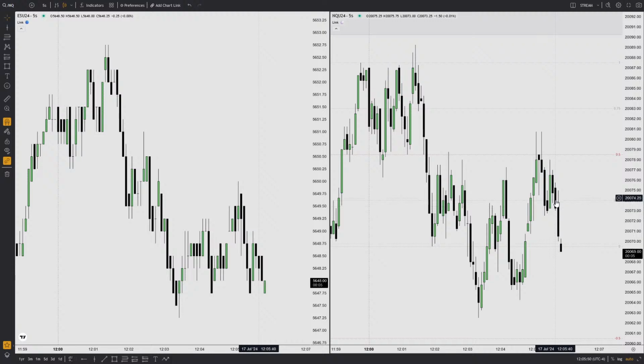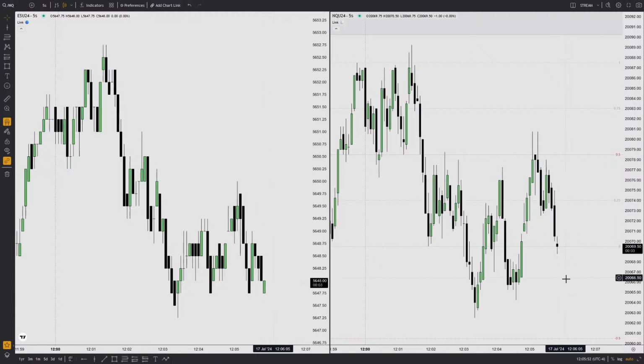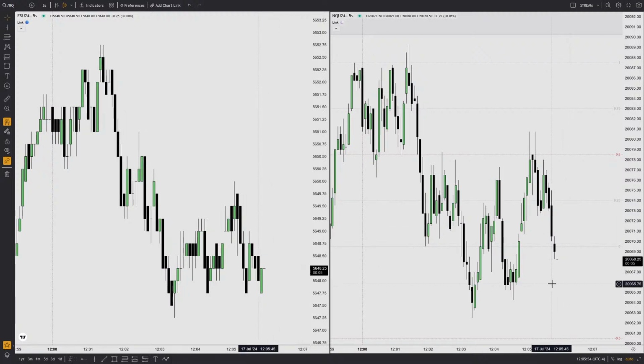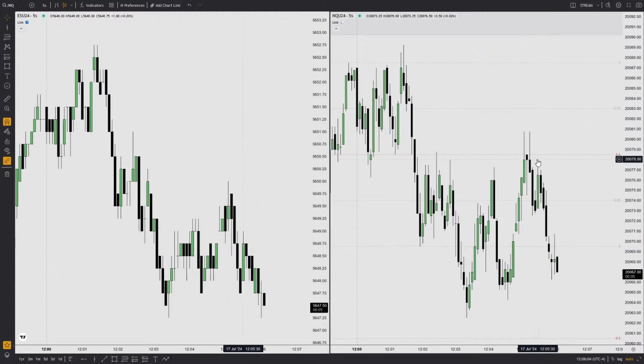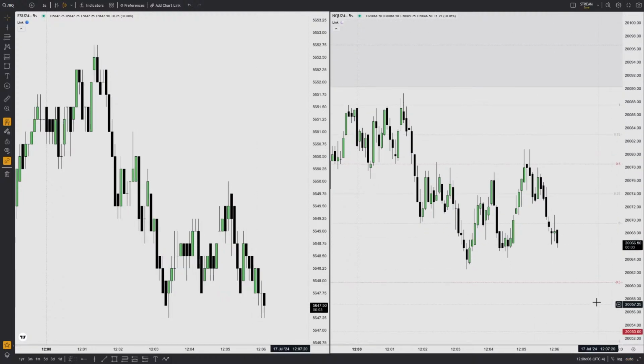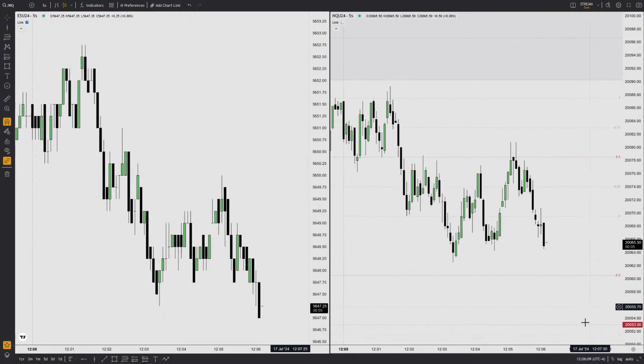Right now, bearish order flow. Fair value gaps, volume imbalances, entries, stops here. We're going to look for this low right here.